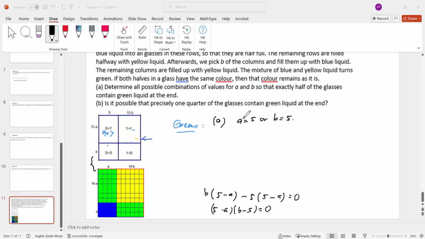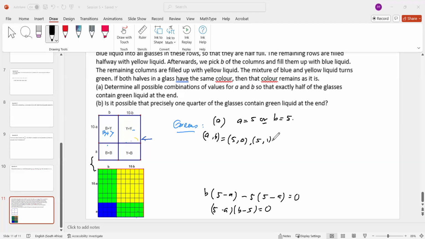So it means that either the number of rows is 5, and you can see, if A is 5, you're going to get half the glasses green here. You'll have that square is the same as this one. Anyway, if A equals 5, then nothing is said about B. This is OR. So you can have A equals 5 and B could be 0. That means we didn't choose any columns at all.